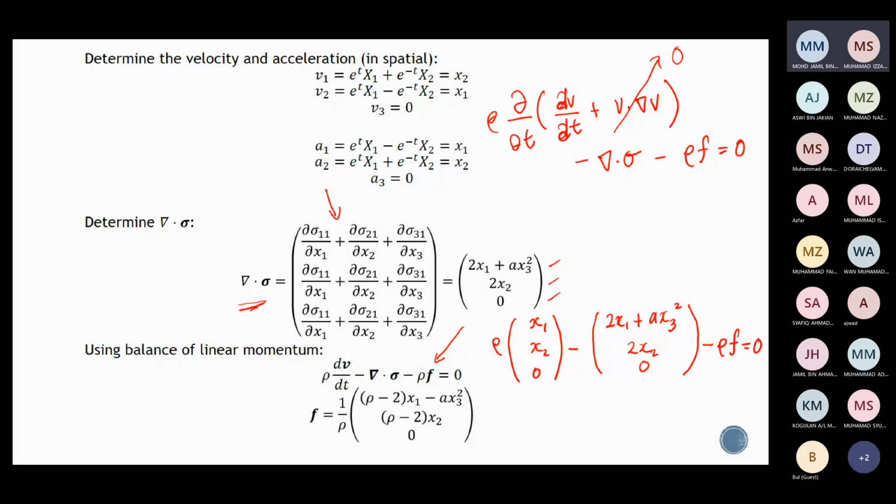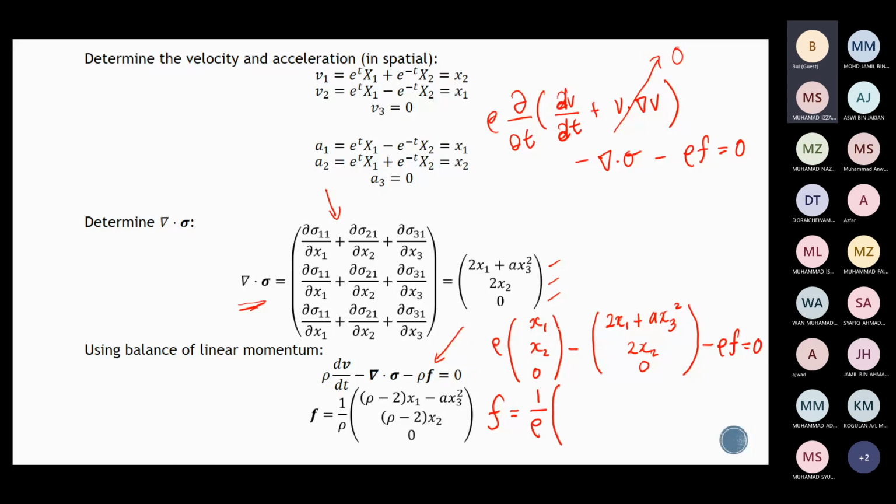We want to find the force. So force equals 1 over rho times, we have rho x1 minus 2x1, so you can factorize x1, and rho x2 minus 2x2, and 0.